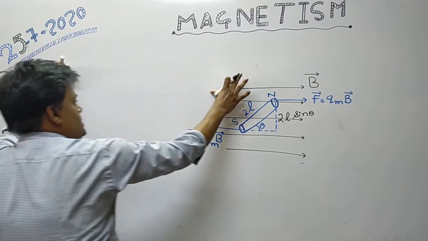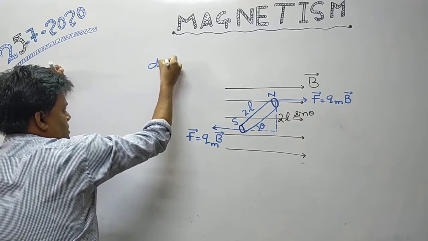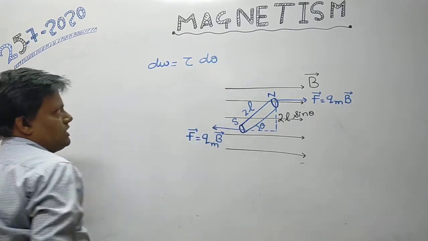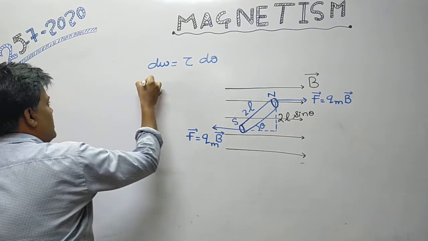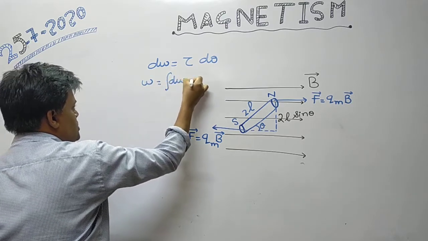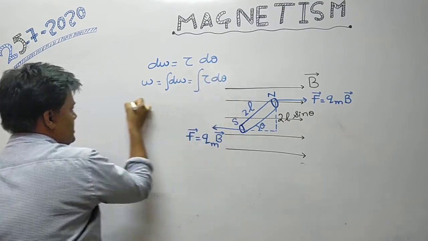Now we have to rotate this dipole through a small angle, therefore the work done dW equals torque into d theta. This is the work done formula in the form of rotation. The total work done will be the integration of tau d theta.